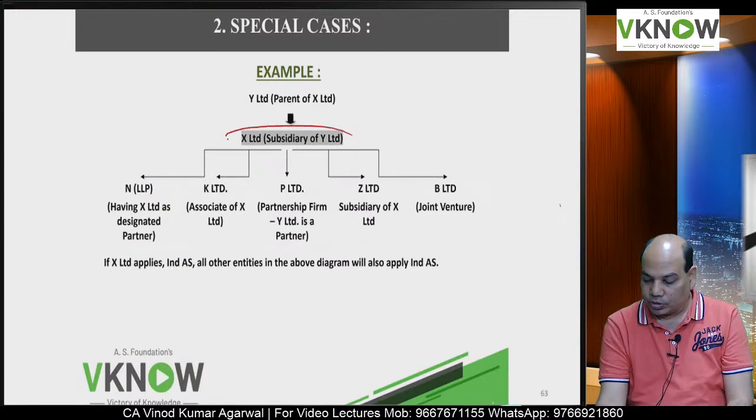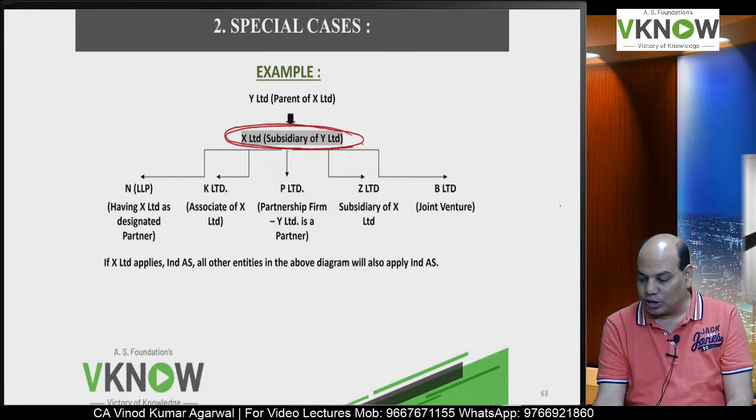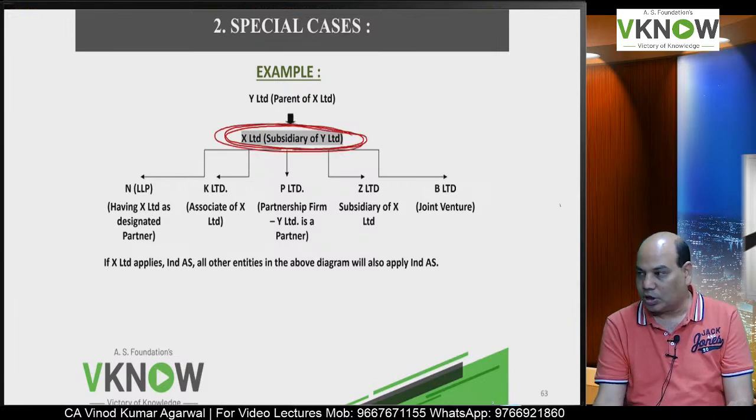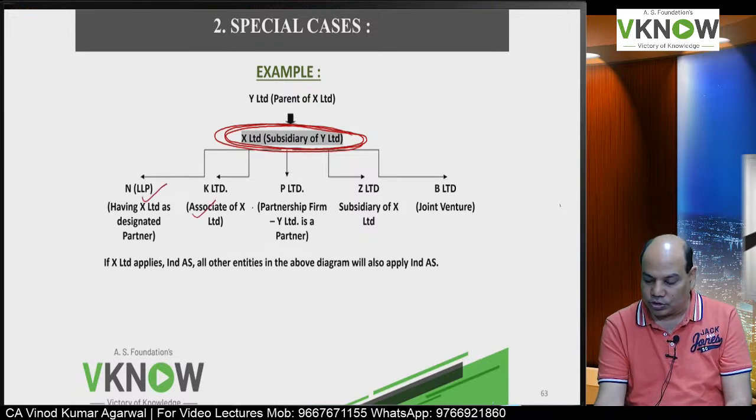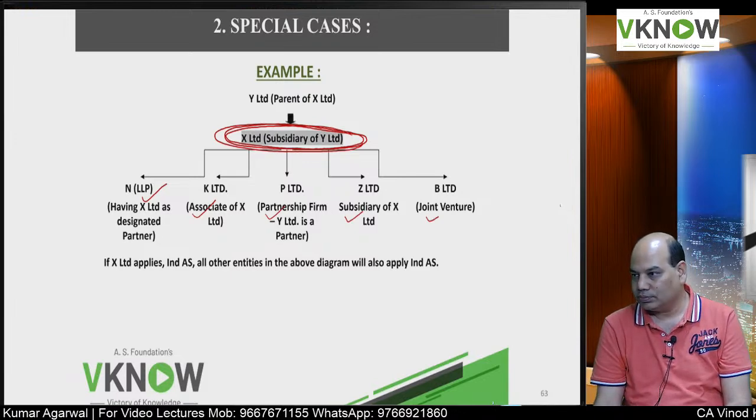Suppose we are accountant of X Limited, which is a subsidiary of Y, and which has got one LLP, one associate, one partnership, one subsidiary and one joint venture.